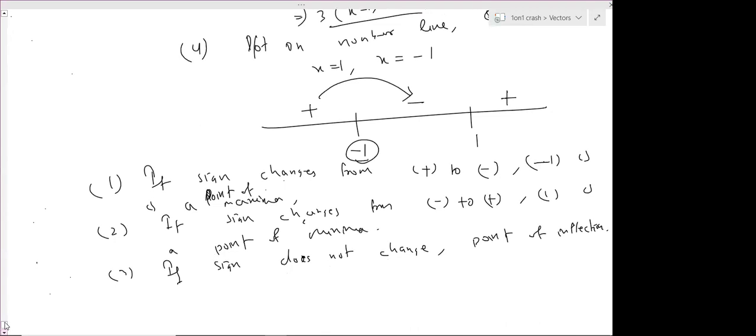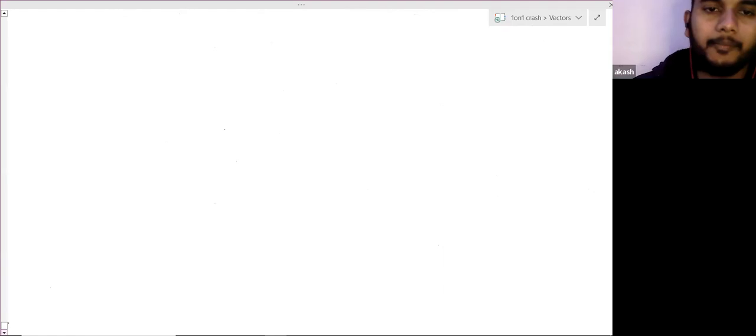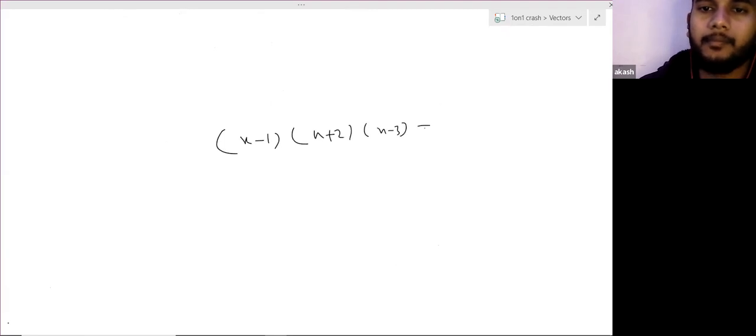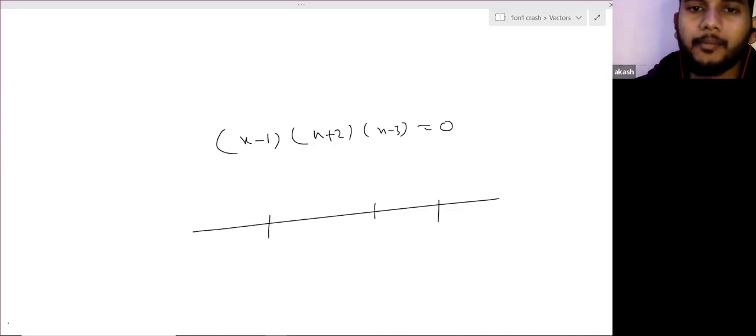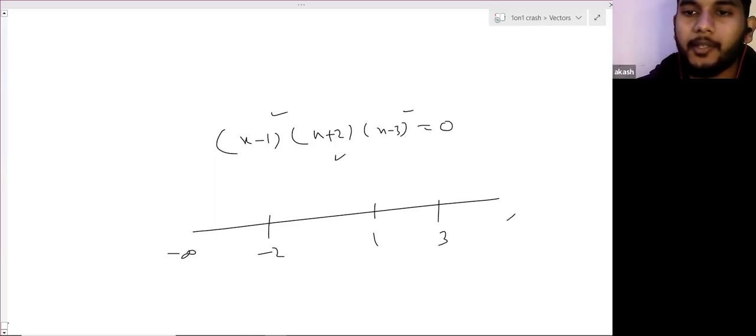All right. So how to check, like, why do we write positive, negative? Suppose after factorization we have this polynomial. So factors are -2, 1 and 3. This is minus infinity, this is infinity.